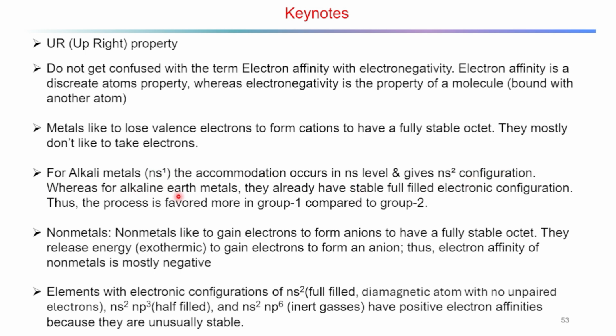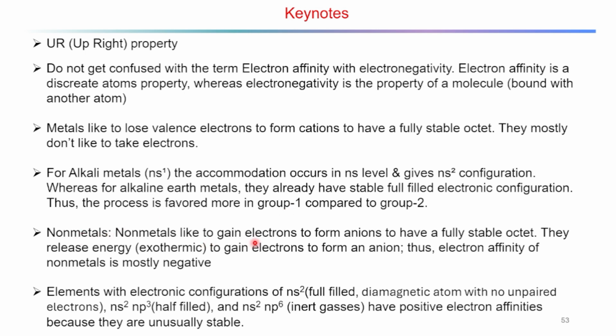Whereas alkaline earth metals already have a stable full-filled electronic configuration. Thus, the process is favored more in group 1 compared to group 2. Group 2 elements already have ns2 configuration, so they don't want to take additional electrons. Whereas group 1 elements having ns1 can take the electron and achieve the ns2 state.